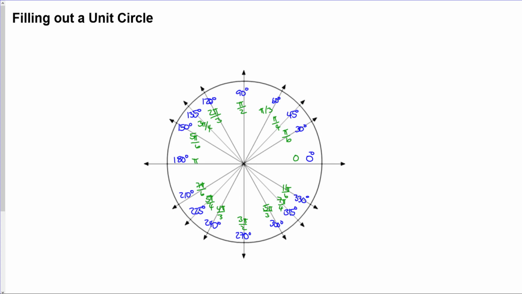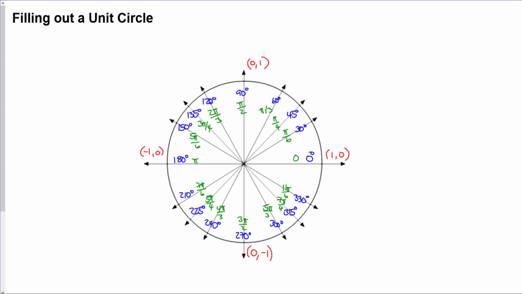So the coordinate pairs, I always start with the quadrantal angles because those are the easiest. And this would be 0, 1. This point would be -1, 0. And this point down here would be 0, -1.